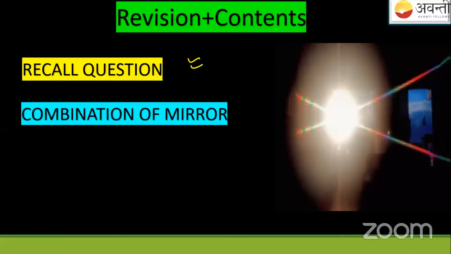We'll take a recall question and then we'll solve it. The recall question is about image and object height related, in case of mirrors which are spherical. ठीक है? समझ में आ गया?